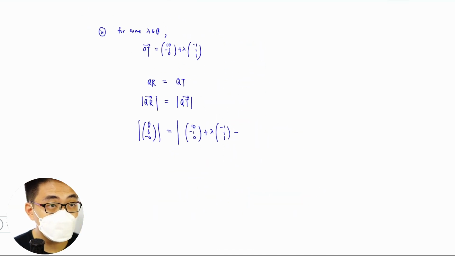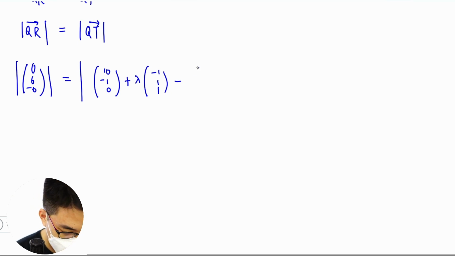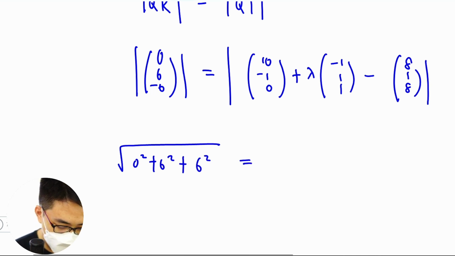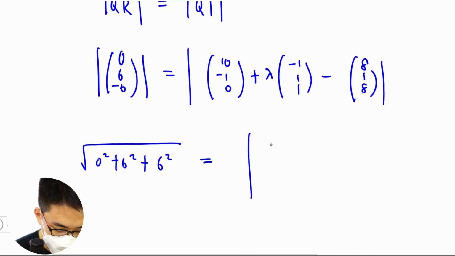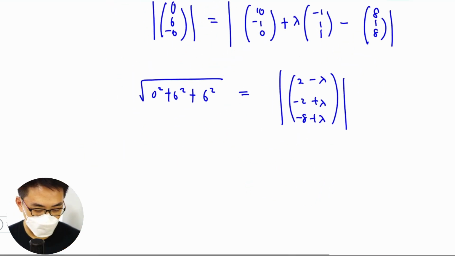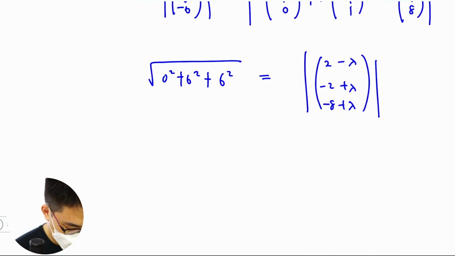OQ is 8, 1, 8. Then there'll be 36 times 2, 72.